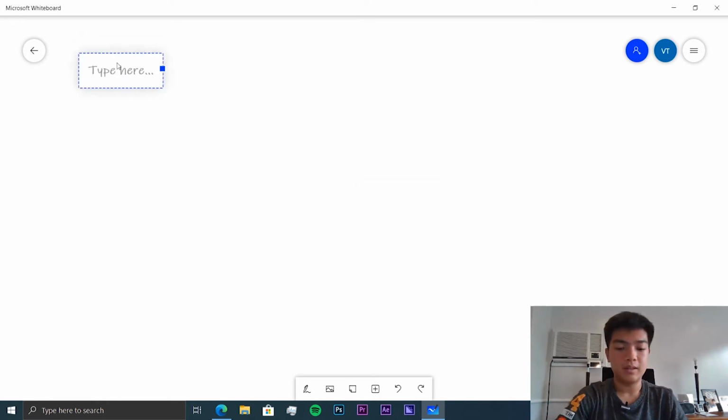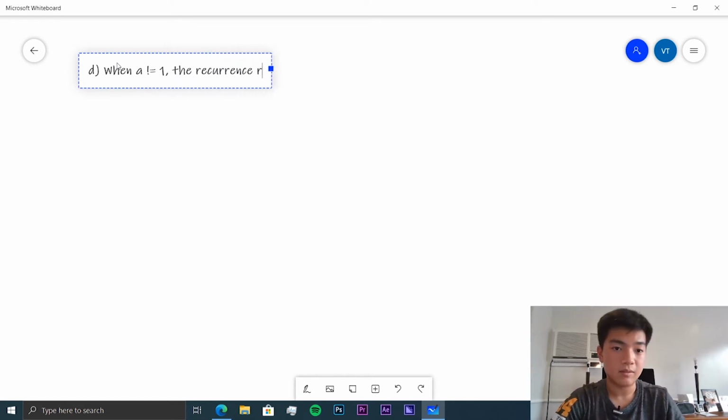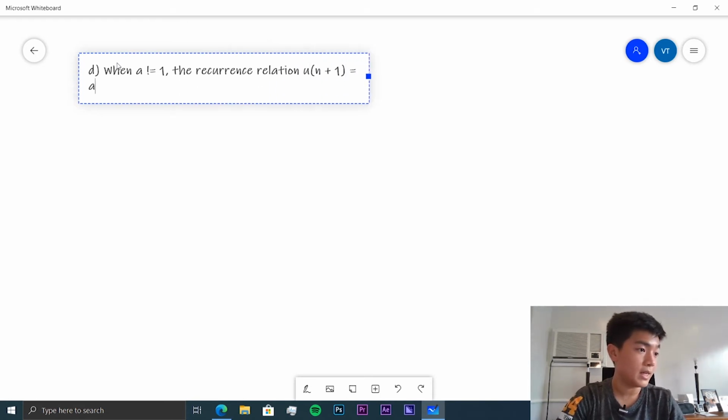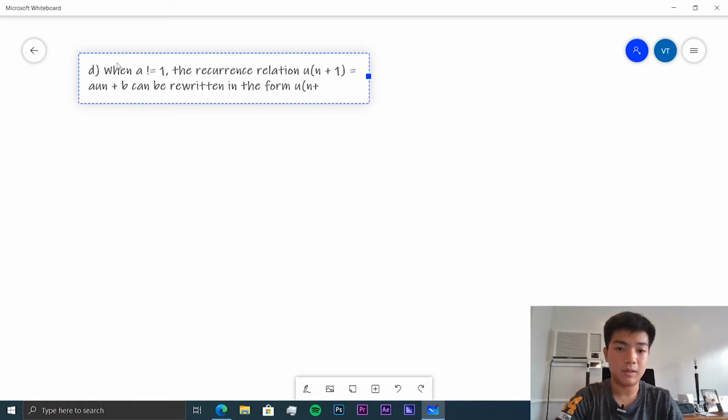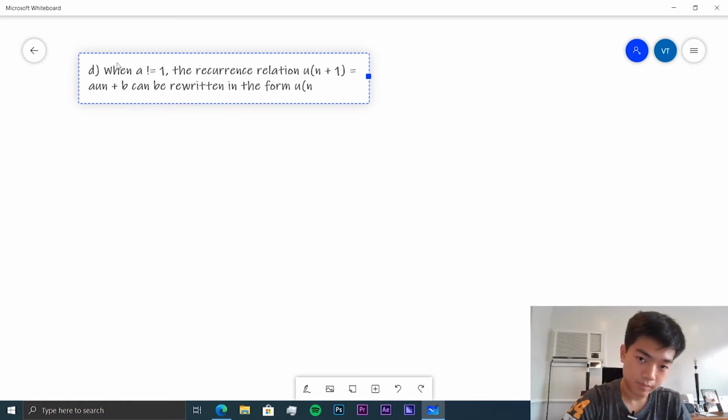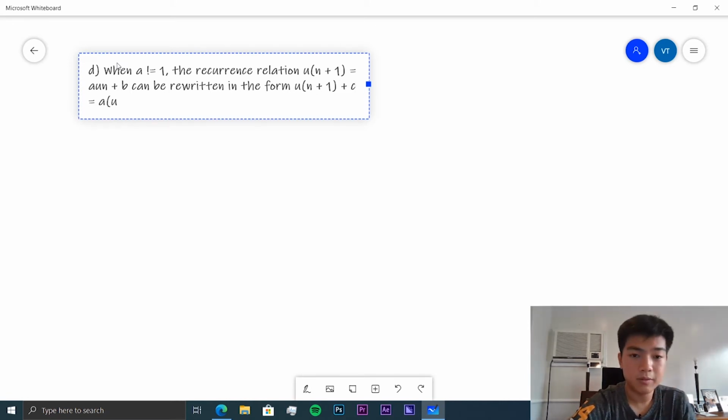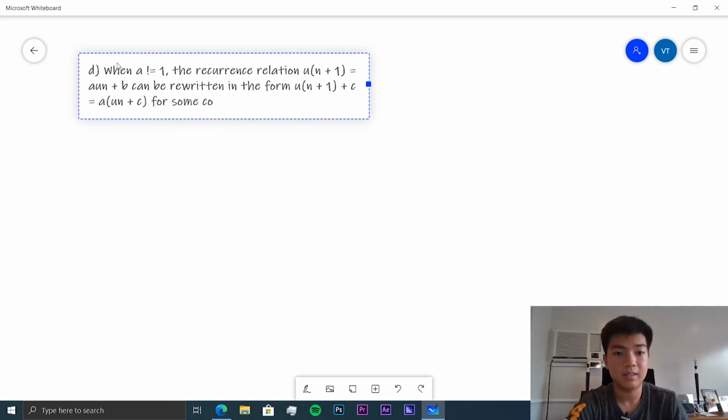And so the next part is: when a is not equal to 1, the recurrence relation u of n plus 1 is equal to a u n plus b can be rewritten in the form u of n plus 1 plus a constant is equal to a times u of n plus a constant, for some constant c.